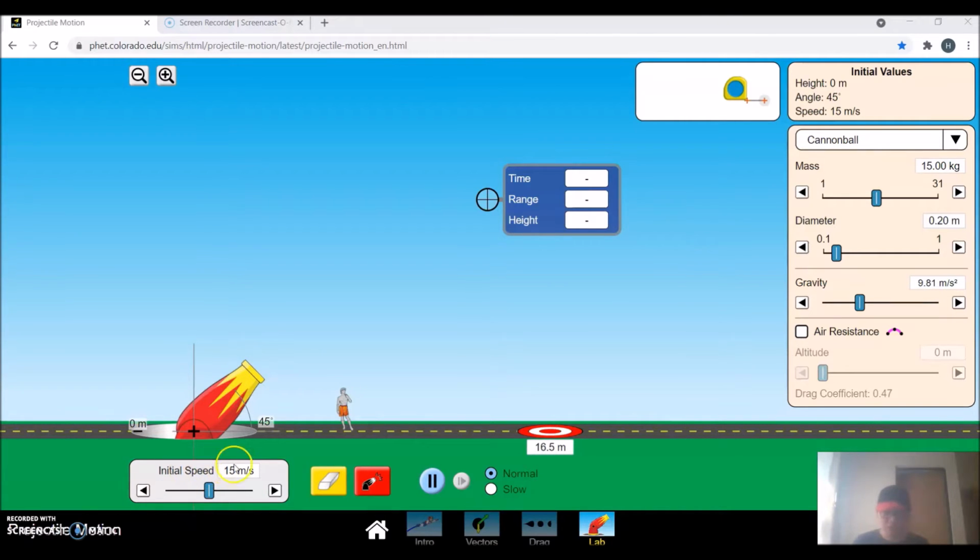The initial speed is constant. We just need to vary the angle and see the range of horizontal displacement. I set the speed at 50 meters per second. The angle will start from 30 until 90. Okay, so start.